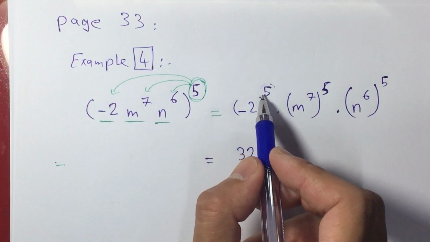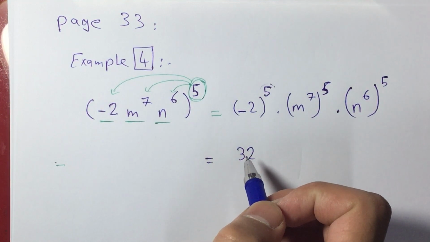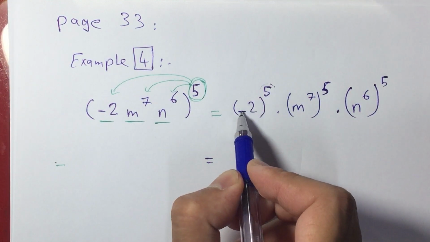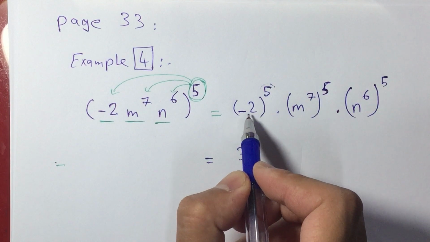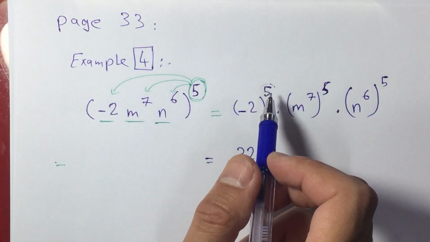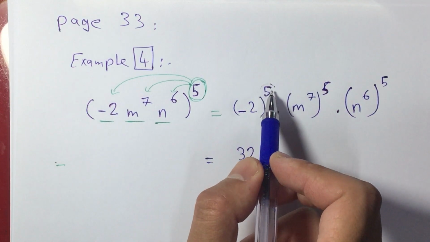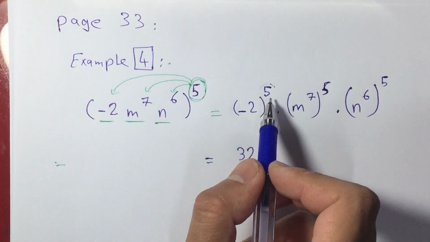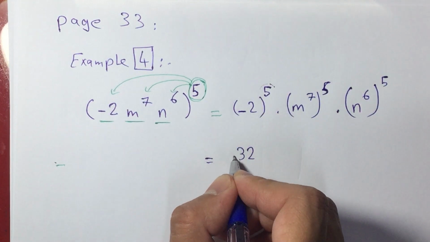Is it an odd number or an even number? If we have a minus sign between the parentheses, we look at the exponent. If it's an even number, the answer will be positive. But here we have an odd number, so it's gonna be negative.